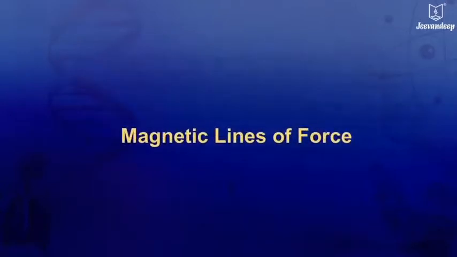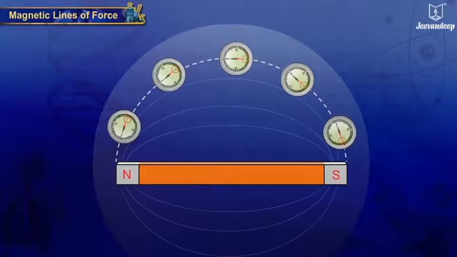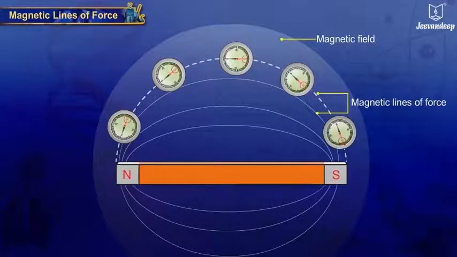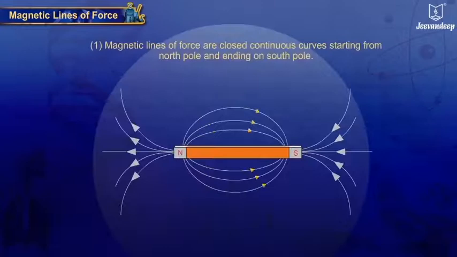Magnetic lines of force. The path along which the unit north pole or north pole of the magnetic needle moves in a magnetic field is called magnetic lines of force or magnetic field lines. Characteristic features of magnetic lines of force. 1.